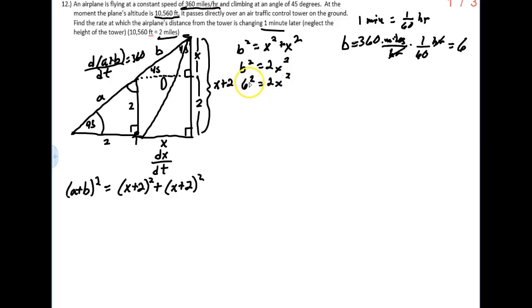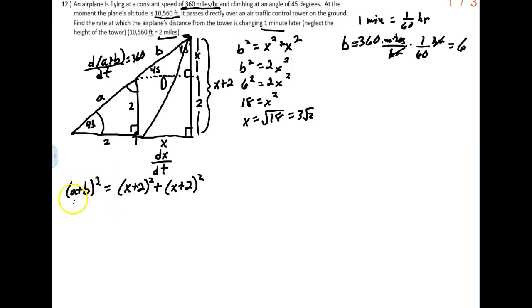All right, so 36 is equal to 2X squared, so I divide by 2. I get 18 is equal to X squared, and so X is equal to the square root of 18, or we can say 3 root 2. So I can use the value of X being 3 root 2 to figure out what A plus B is.